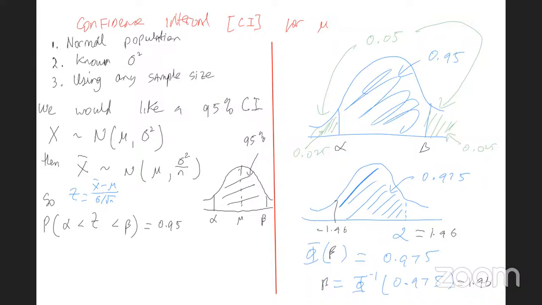So now we can come back here and say that we have the probability between minus 1.96 and positive 1.96. We're almost done, I promise you. Remember, Z is X bar minus mu all over sigma on root 10. Okay, good.